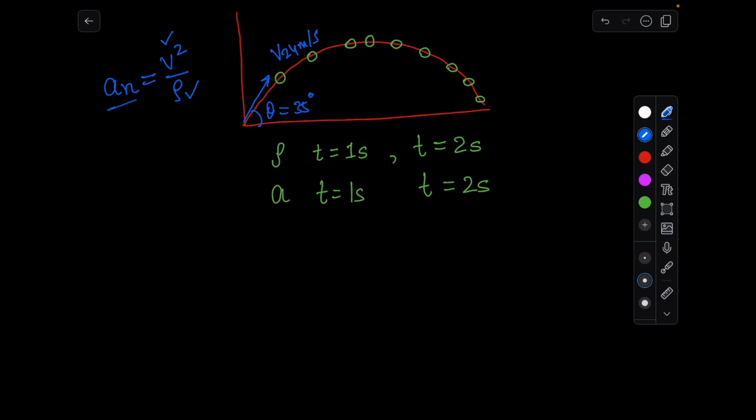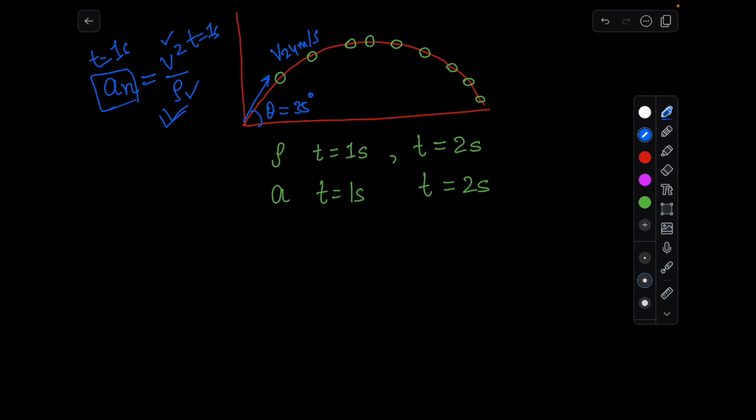So if we can find the velocity at time 1 second and the acceleration in the normal direction at t equal to 1 second, then we can find the radius of curvature. So guys, let's find the velocity first, and from the velocity we will find the acceleration.